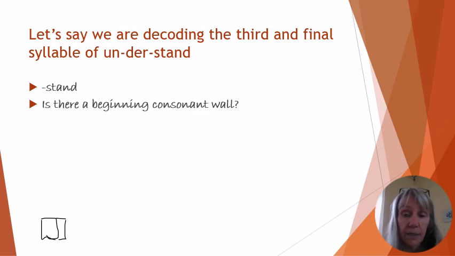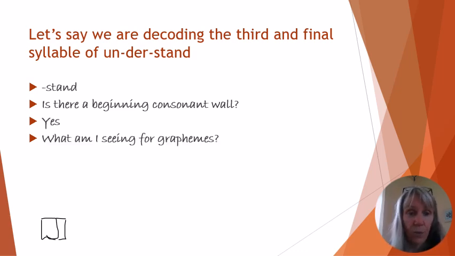Is there a beginning consonant vowel from looking at that word? Yes, right? What am I seeing for graphemes? I am seeing two consonant letters written in front of stand. I'm seeing an S and a T. I know it's not a digraph because I'm making two distinct sounds. So therefore, I have two distinct graphemes.